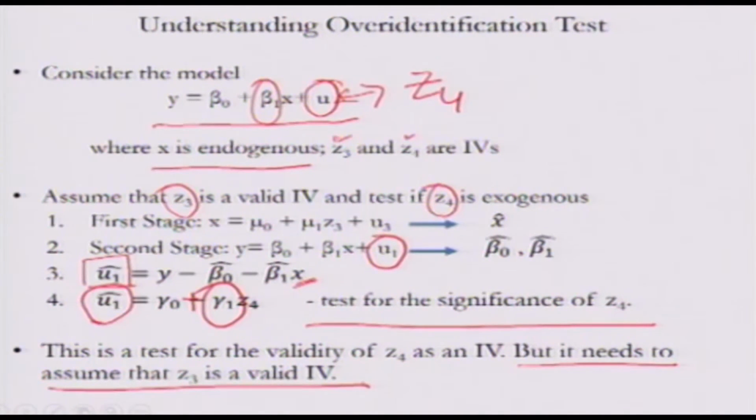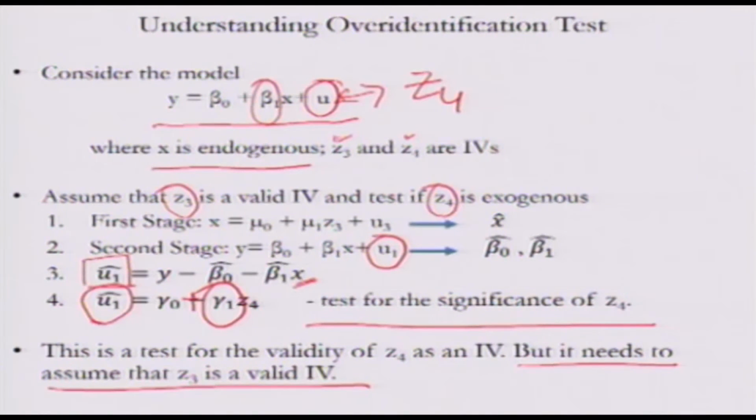So this is very important. You are assuming that Z3 is a valid IV, and based on that you are testing whether Z4 is valid or not. So we cannot actually test for exogeneity of all IVs. We still need to maintain the assumption that at least one of the IVs is exogenous, and based on that assumption we can test for the validity of the other IVs.